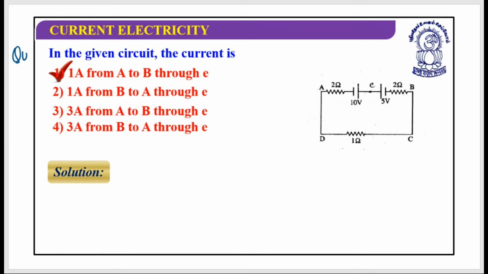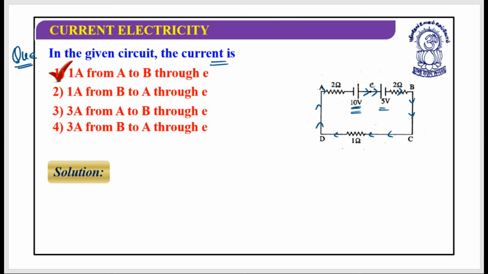In the given circuit, we are required to find the current. Now let's have a look: this is the 10 volt battery, this is the 5 volt battery. So current will be drawn from the 10 volt battery and it is moving in this direction. First thing, whether these two cells are connected in series or in parallel.